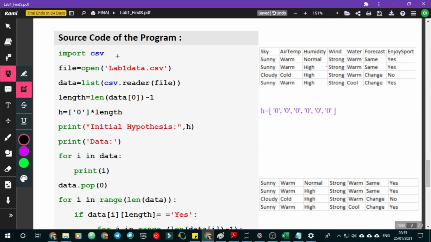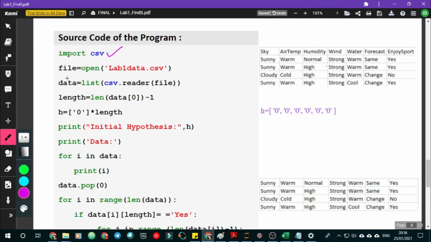Here we are importing csv. This is the only module we are importing in the program, because we are asked to use a CSV file.